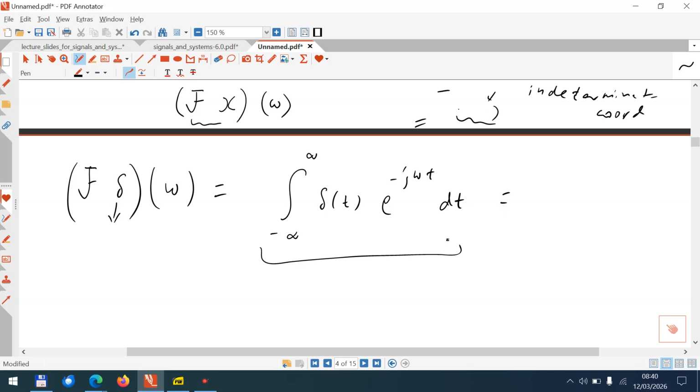Shifting property. Because of this delta, this function will only matter where the delta is located, and delta is located at 0. So you have to set, which thing must be set to 0, t or omega? Omega? Why omega?